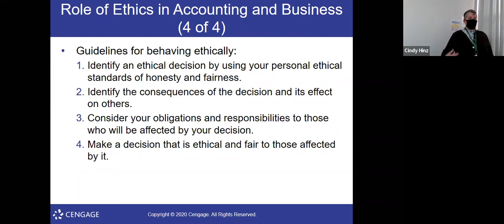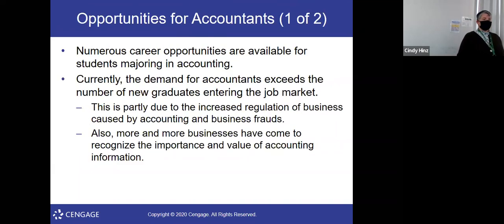But we need to use our personal ethical standards of honesty and fairness. Think about, how does this decision impact others? What obligation do we have to our company and to the public? And make a decision that is ethical and fair to those who are affected by it. Again, you can read more about this in our book.